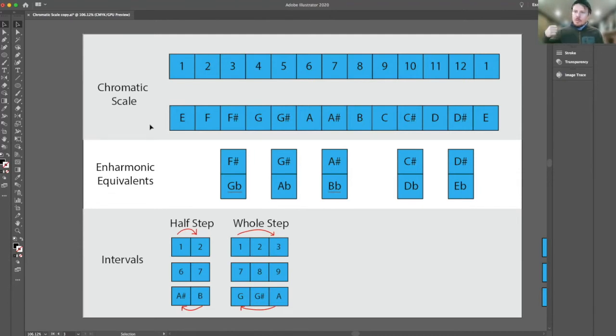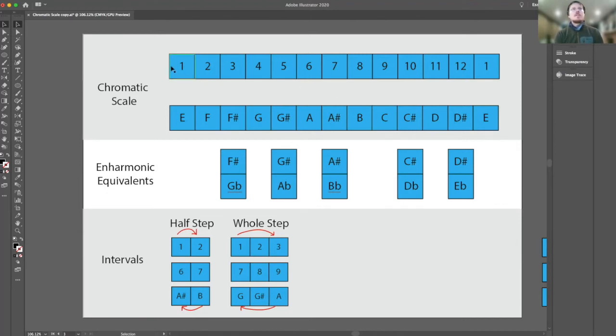And when you pluck it open, you get this E right here. So it can be helpful for guitarists to think of the chromatic scale going from E to E, but the chromatic scale doesn't need to start on E. In a lot of cases, you see it go from C to C, but it can start anywhere. It could go G to G. It doesn't matter.